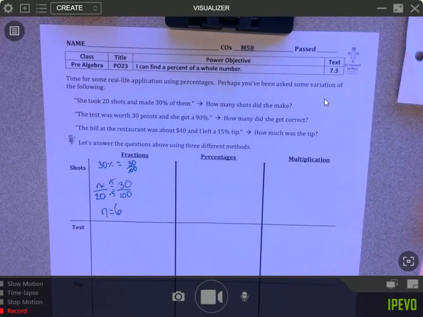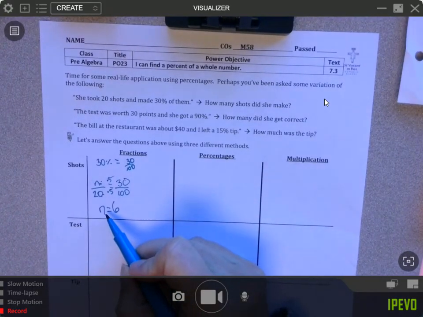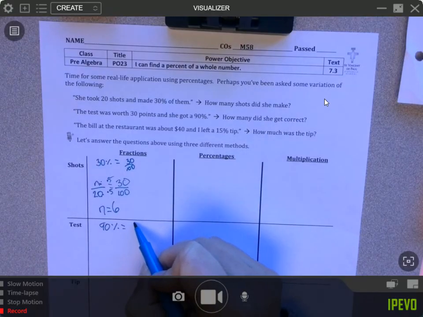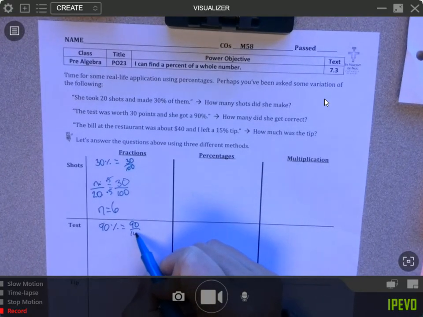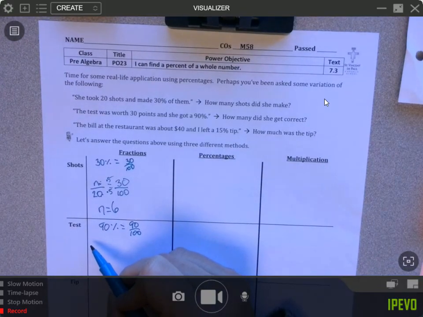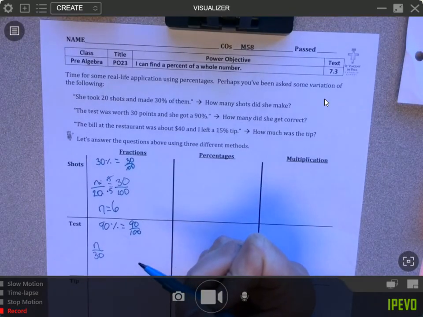For the test, we know that she got 90%, which is 90 over 100. We know that the test was worth 30 points, the total number. We don't know how many she got correct.